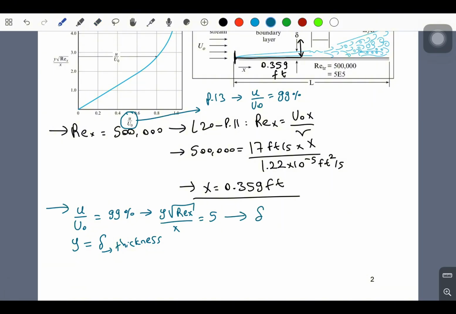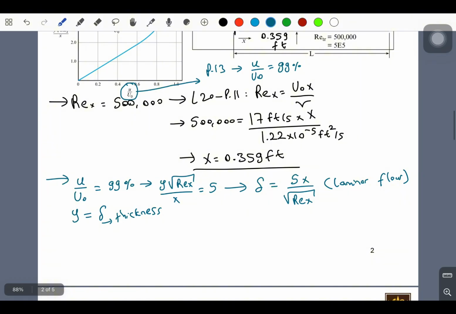From this relation, when we leave delta alone, we will have 5x divided by the square root of the Reynolds number. And this is valid for laminar flow. And from here, delta will be equal to 0.034 inches.